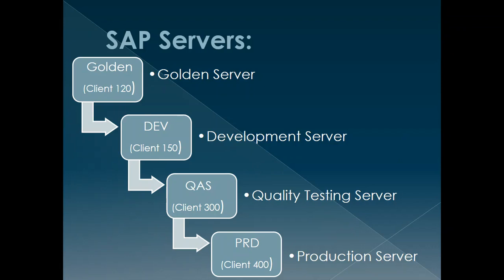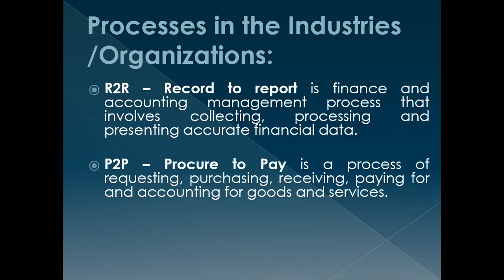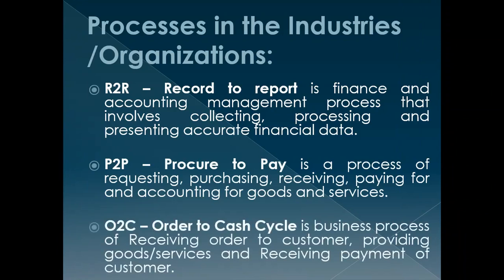So in the golden server, the first server, consultants mainly configure the things and transfer their configuration to the development server. In the development server, consultants do testing at their own level and ensure that all the testing has been completed in a well-mannered way.